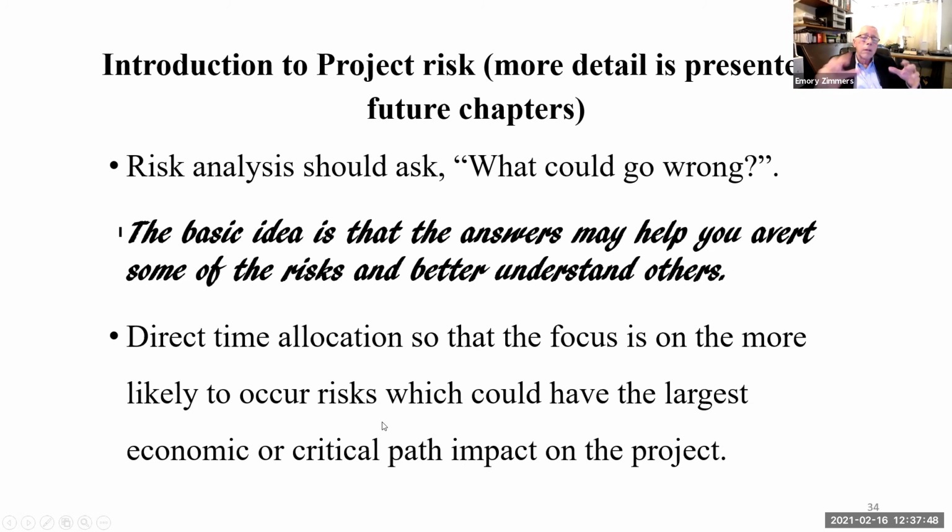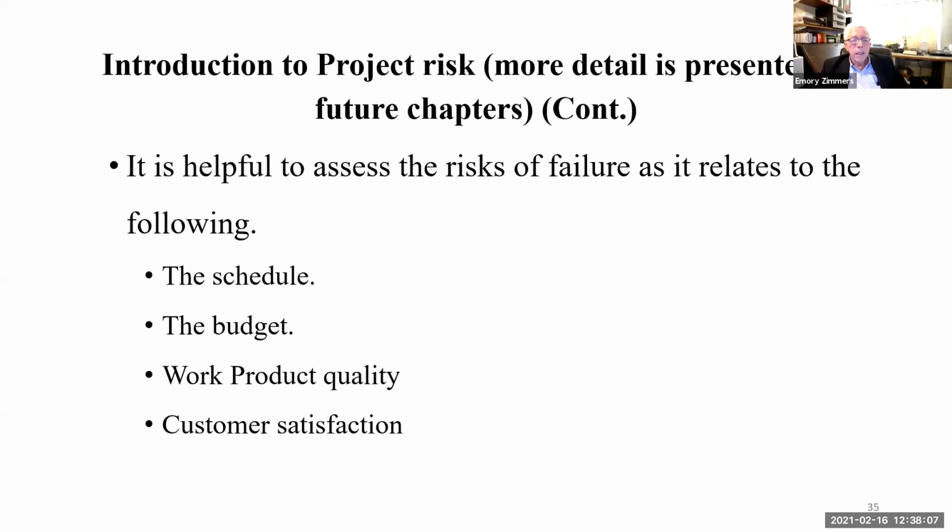Some non-critical path areas in the task network are not as worthy of intensive risk analysis as those where any delay on the critical path delays the whole project. So that's that.